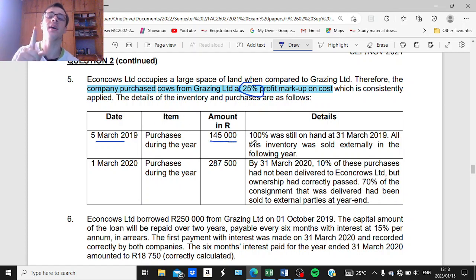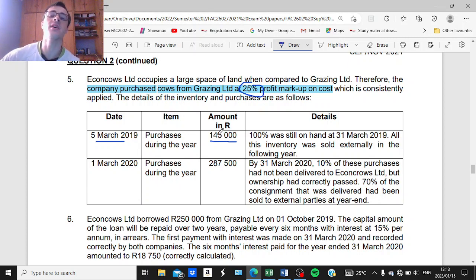Now keep in mind that this amount of 145 would have already been eliminated in the previous year when the group's financial statements were drafted. So we will not say, okay, we are going to debit revenue for Grazing Ltd and credit cost of sales for Econ Cows Ltd by 145,000 because this will already have been eliminated during the previous year.